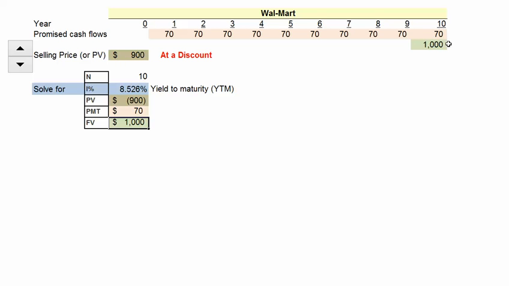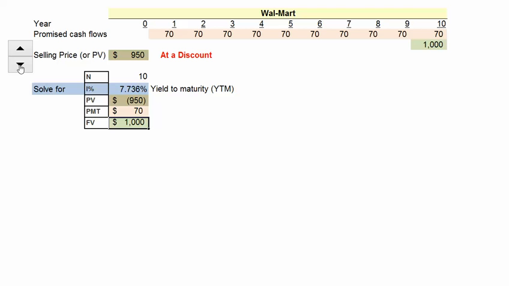We obviously have to be earning a higher return than if we had paid $1,000 for that same set of cash flows. So when a bond sells at its face value, we say it's selling at par. At a price above its face value, we say it's selling at a premium. And a price below its face value is said to be selling at a discount.